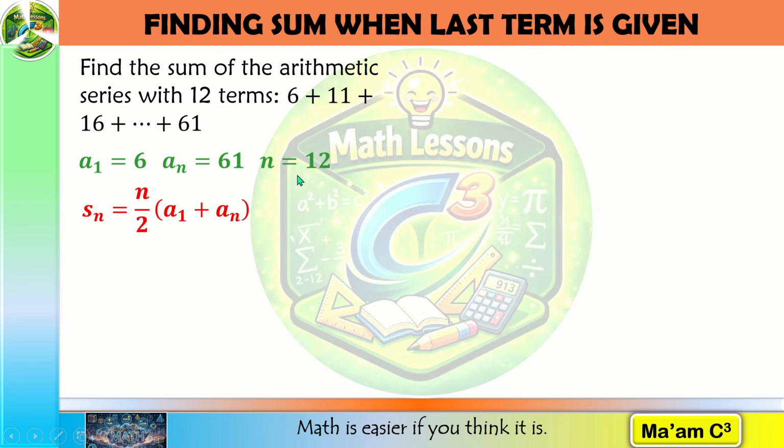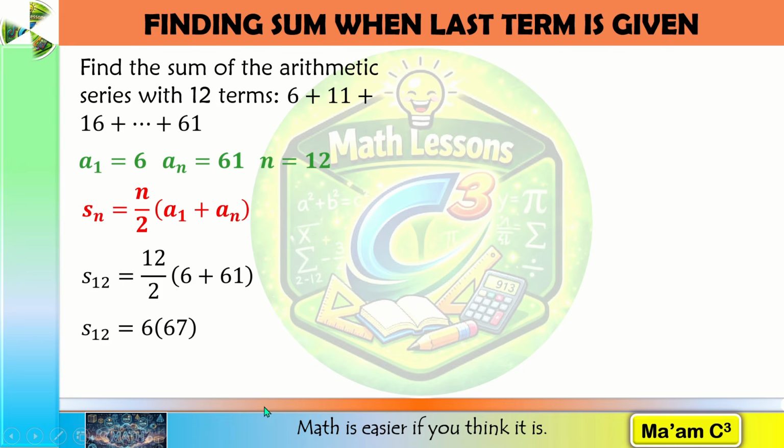Our n is 12, our a sub 1 is 6, and our a sub n is 61. 12 divided by 2 is 6, and 6 plus 61 is 67. 6 times 67 is 402. So the sum of the arithmetic series 6 plus 11 plus 16 up to 61 that contains 12 terms is 402.